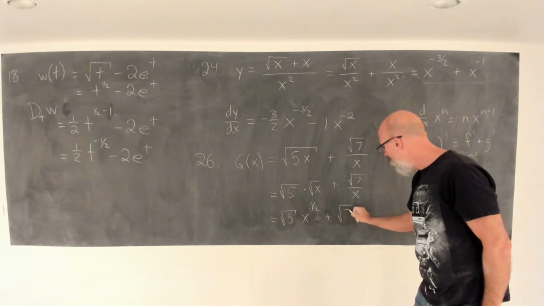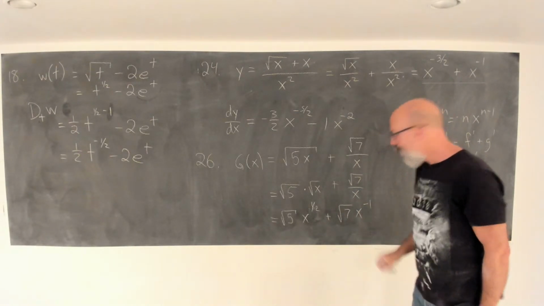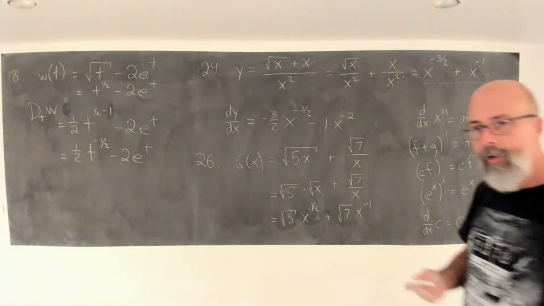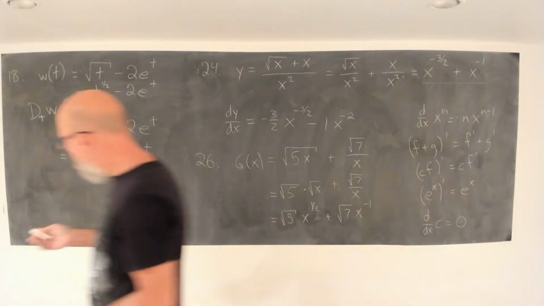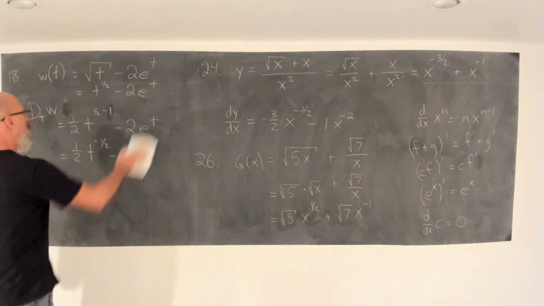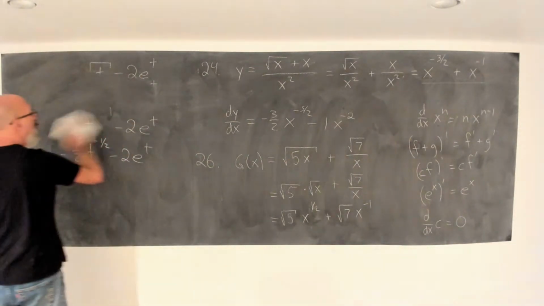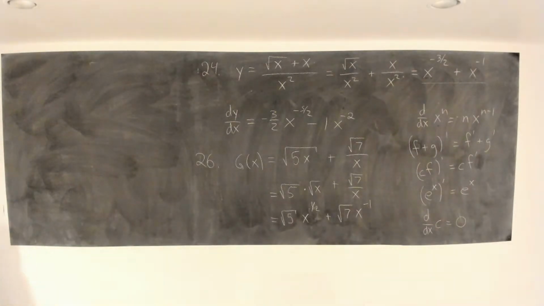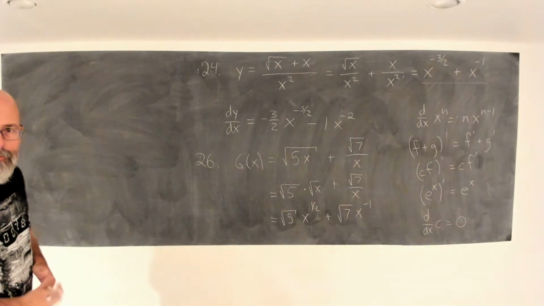And this as root 7 x to the -1. We haven't differentiated anything yet. We have just rewritten the function in a more manageable way.